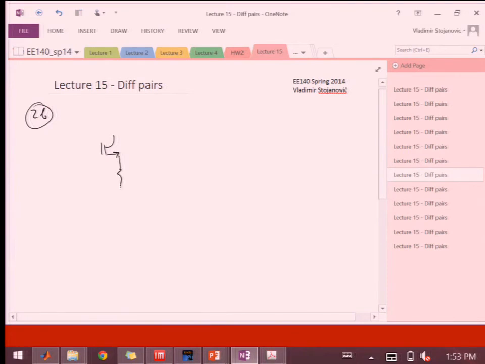Then I get 2 RSS, RD, and my output is here, and VIC, VO1 is here. So then I get the same. This is all by inspection. I'm no longer doing small signals. That's how you should do it.